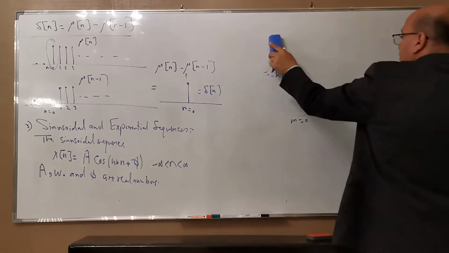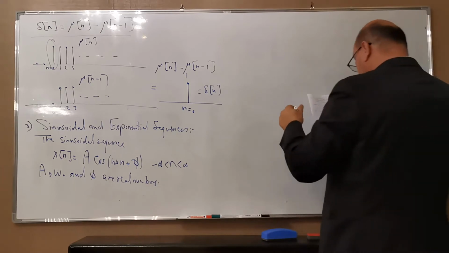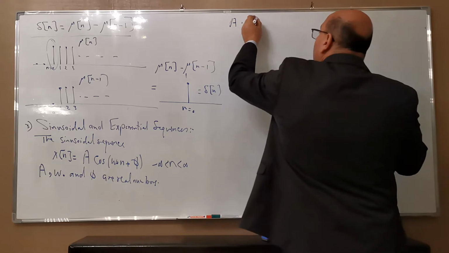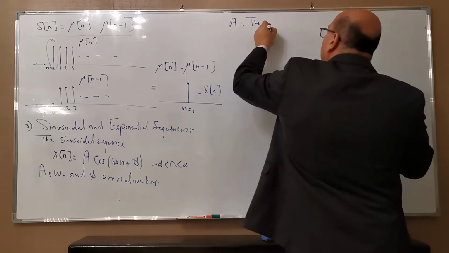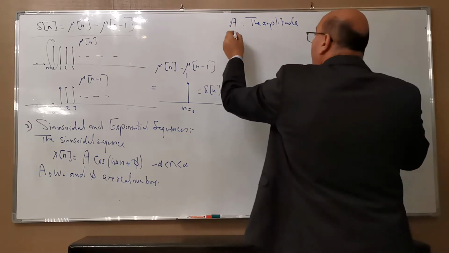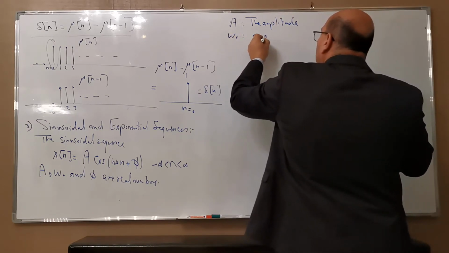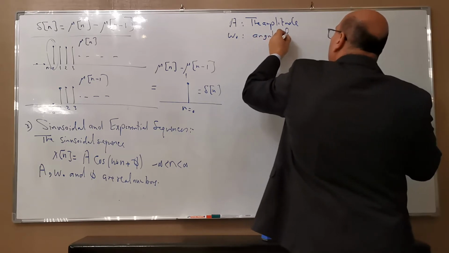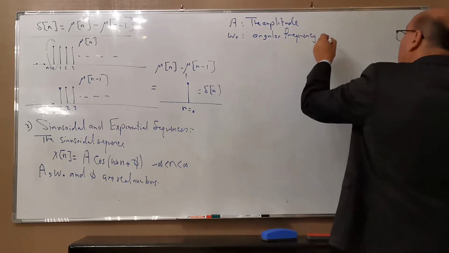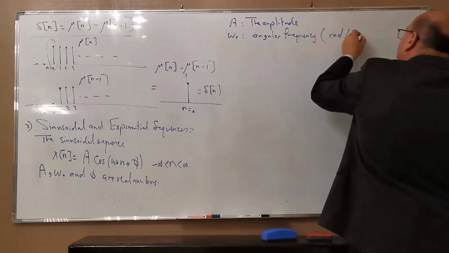A is the amplitude, omega 0 is the angular frequency, and here it is in radians per sample.